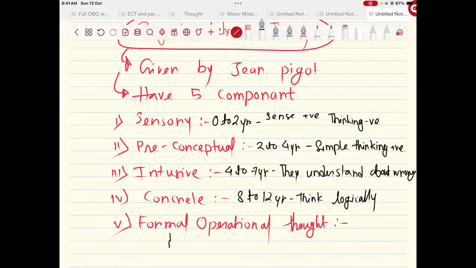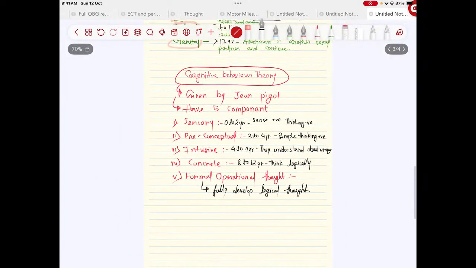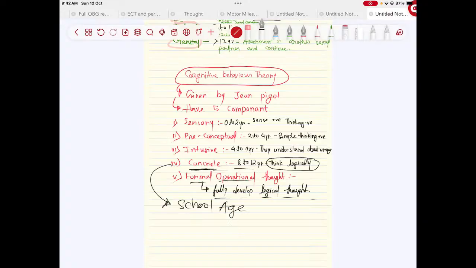And the last is the formal operational, where logical thought is fully developed. Logical thinking started in the concrete stage, which is school age.